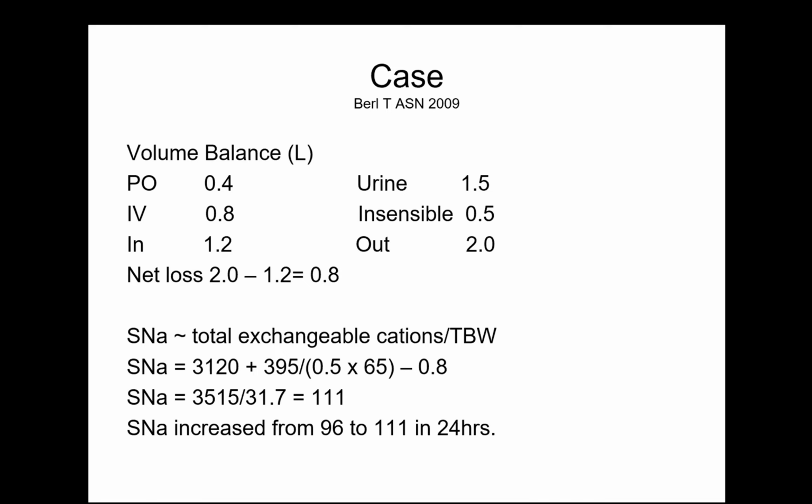So her solute gain was 3,120 plus 395, and she lost 0.8 liters. You put those numbers together, and her serum sodium went up from 96 to 111. So just by giving this woman potassium, you overly rapidly corrected her sodium.